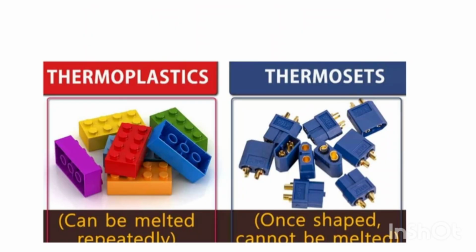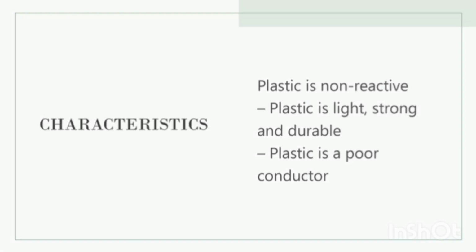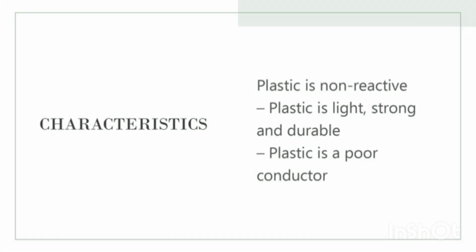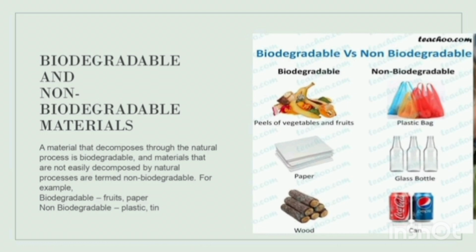Let us see the characteristics of plastic. Plastic is non-reactive. Plastic is light, strong and durable, and a poor conductor of electricity. Let us move to biodegradable and non-biodegradable materials. A material that decomposes through natural processes is called biodegradable material.